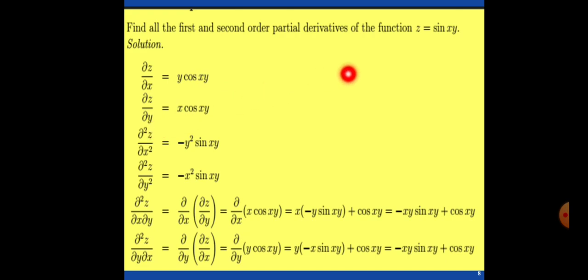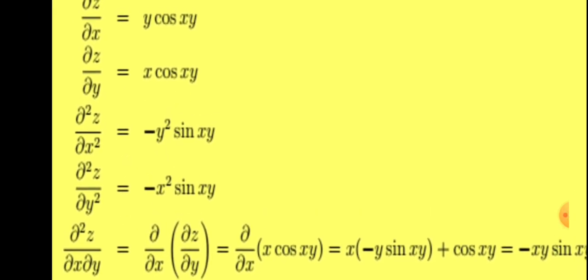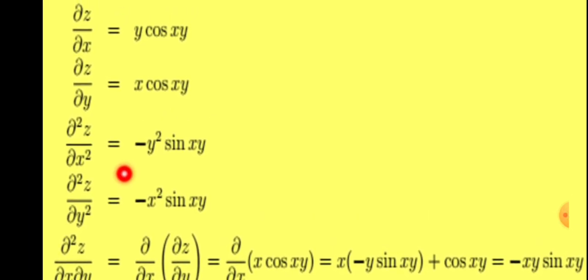Partial z partial y: again, the derivative of sine xy is cosine xy times the derivative of what's inside with respect to y. The derivative of y is 1, so you write x here. If you wanted to find the second derivative, partial squared z partial x squared, you have to work on partial z partial x.